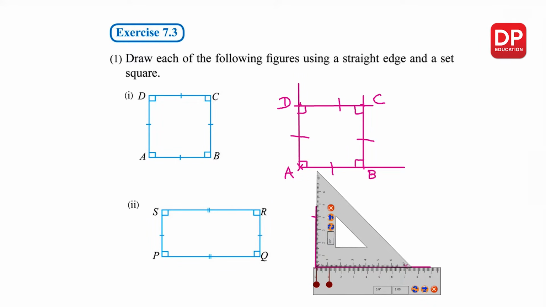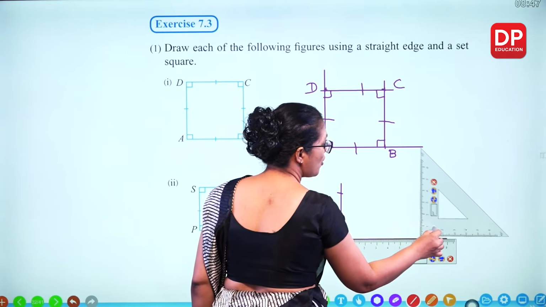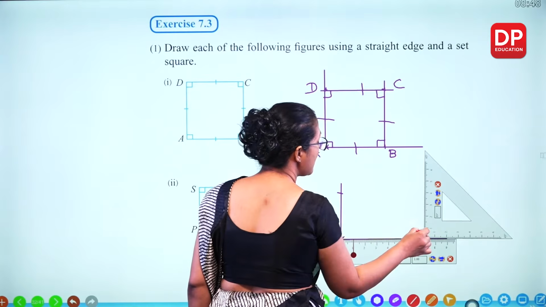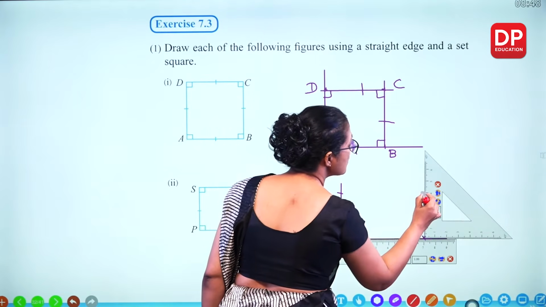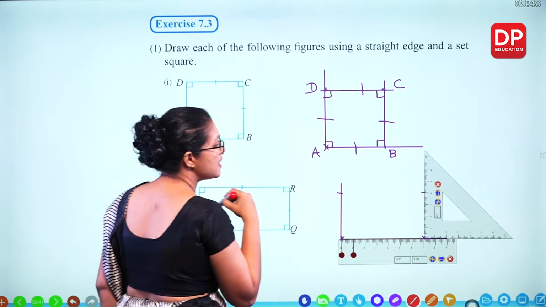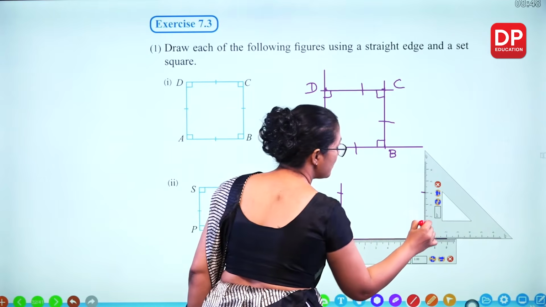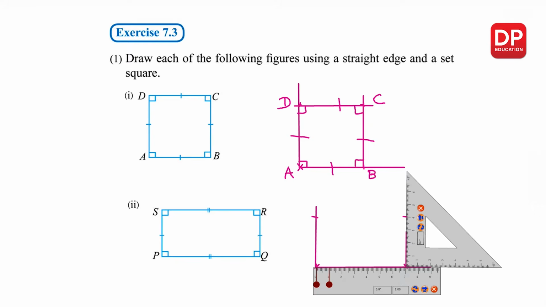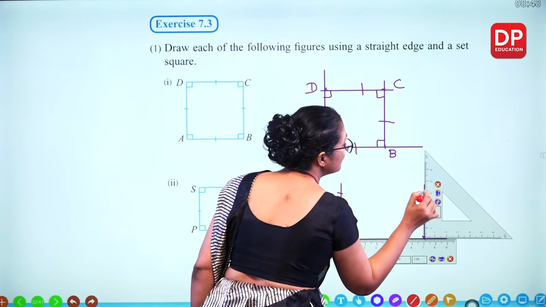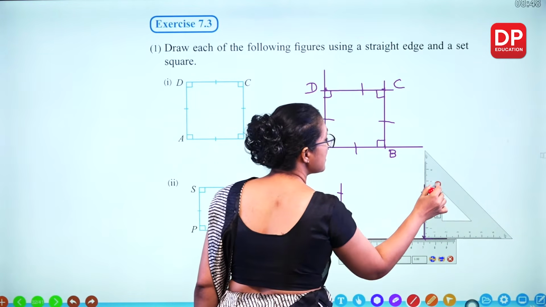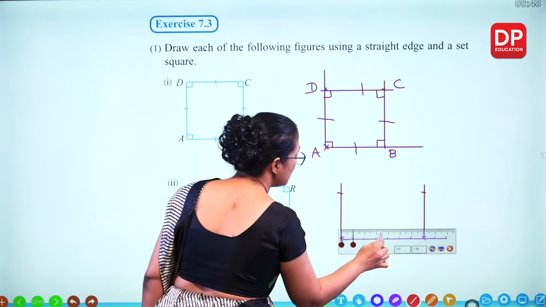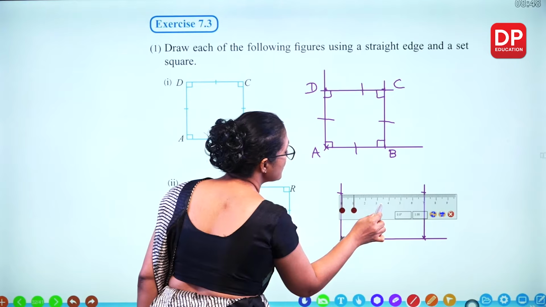And then again keep it on top of this point and measure the same length. I measured 4 centimeters, so this is 4 centimeter, and draw the perpendicular line as well. And then I can take the straight edge, the ruler, and connect these 2 points.